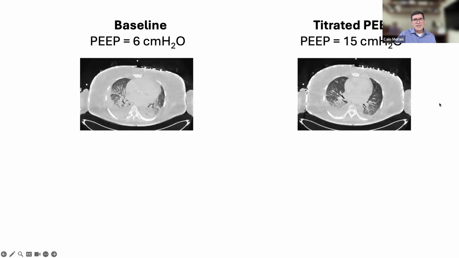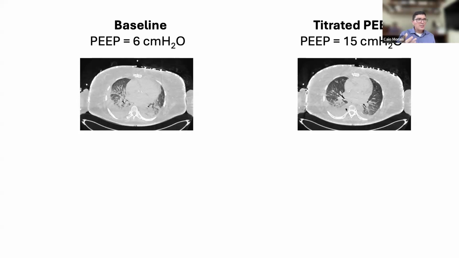But if we look at the CT image at both levels of PEEP, low and high, we can see that the posterior part of the lung is still deaerated. The PEEP of 15 may have recruited more of the left lung, but not the posterior right lung.